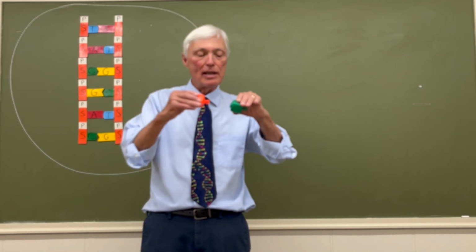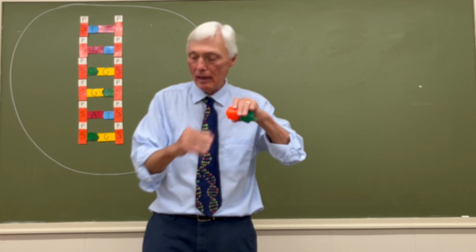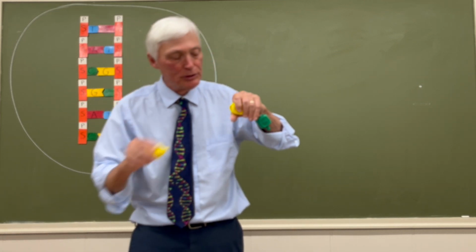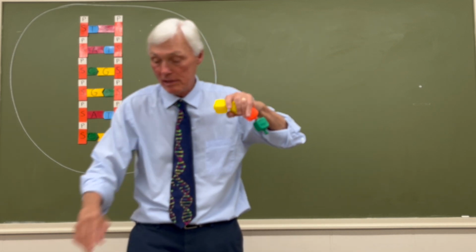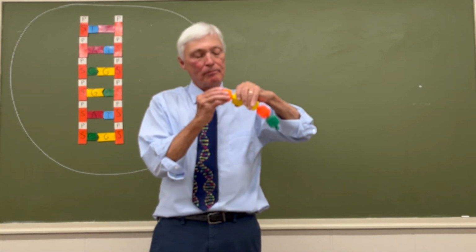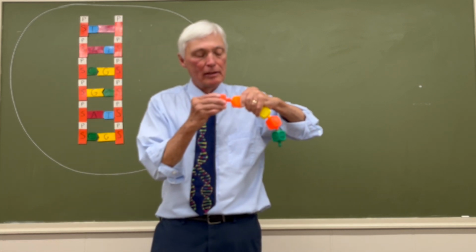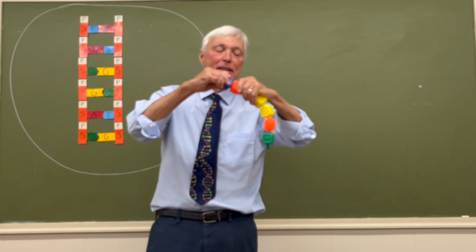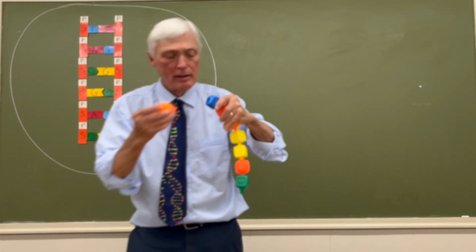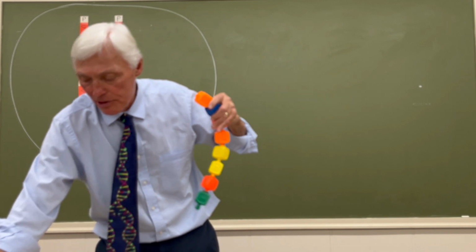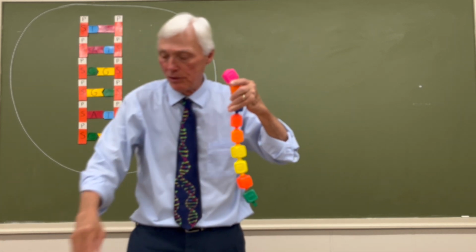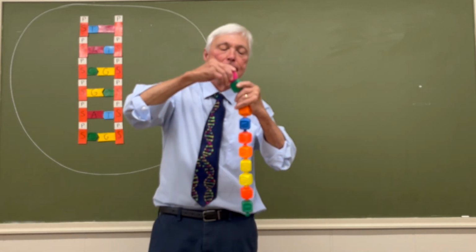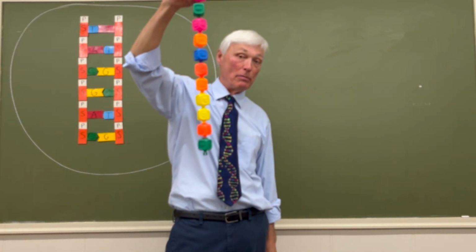They take amino acid molecules and they string them together like this to build proteins. So here I am, combining together these amino acid molecules, stringing them together to build a long string of amino acid molecules called a protein. There it is. Now that's a pretty small protein molecule.